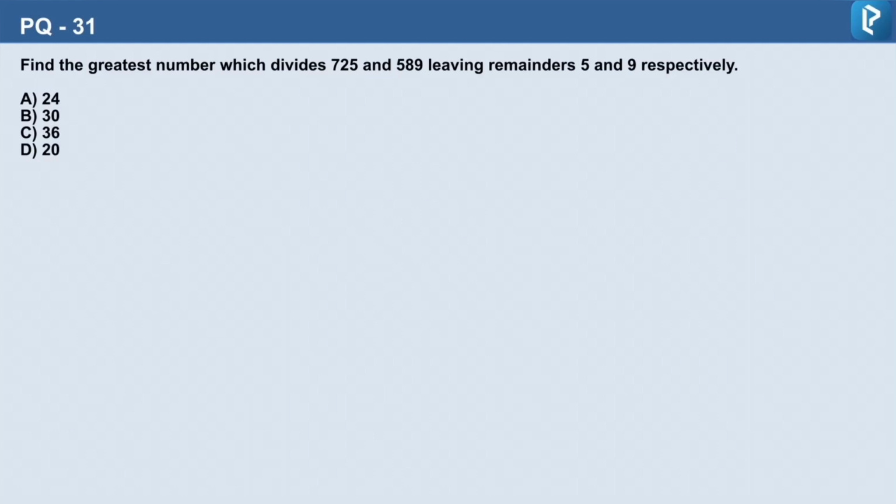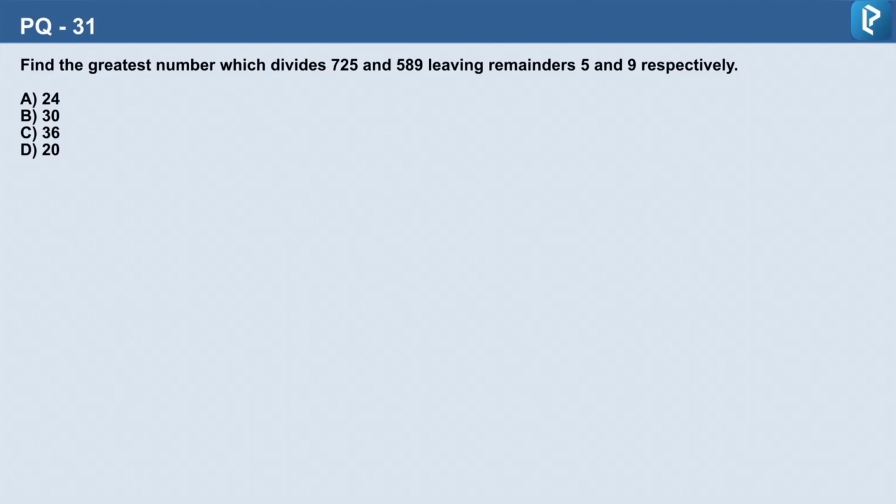Question number 31. Find the greatest number which divides 725 and 589, leaving remainders 5 and 9 respectively. To find the greatest number which divides these two numbers, we have to find their HCF.